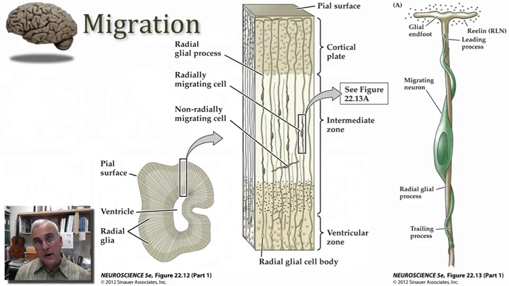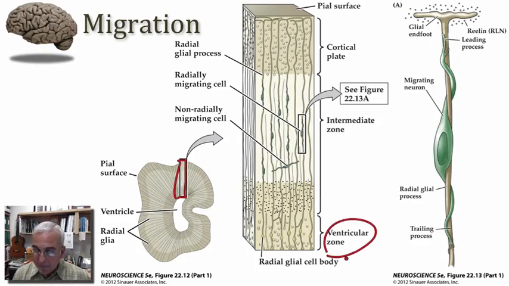So now we're looking a little bit further along in development, and now the wall of the neural tube is beginning to become a bit more complex. And if we look at this wall of the neural tube in some detail, we can recognize the ventricular zone where mitosis is happening.